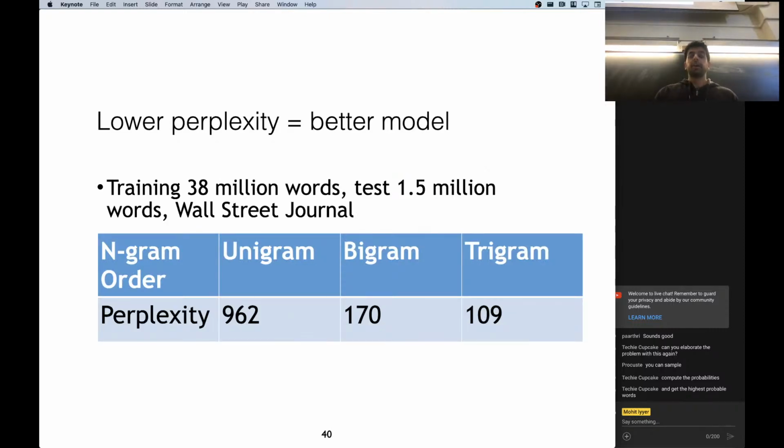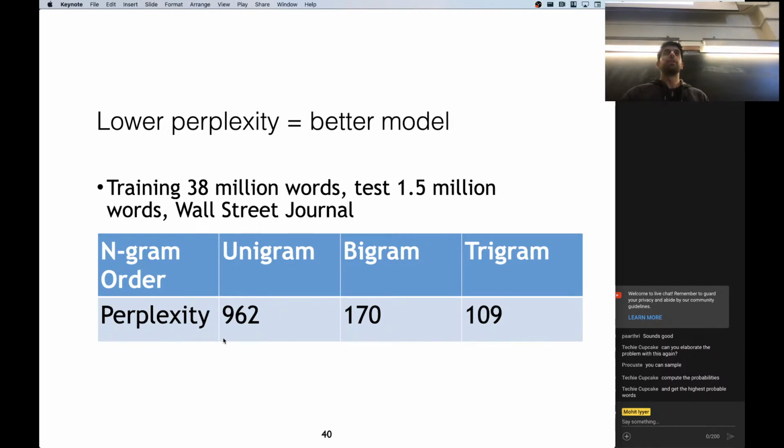So again, lower perplexity is a better model. You can see that we trained on 38 million words from the Wall Street Journal, and tested on 1.5 million words that were not included as part of the training set. A unigram model is giving us a perplexity of 962, meaning at any point there were about 962 equally likely options.